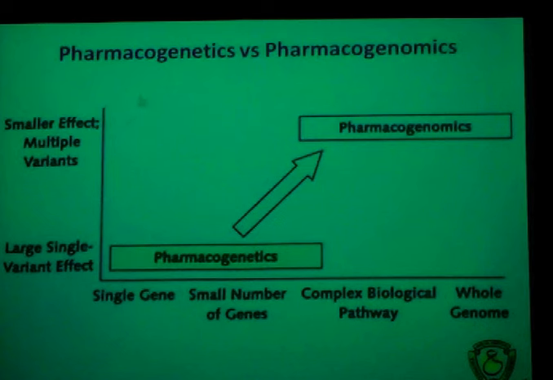So many genes or many variants cause one phenotype. This can be studied by pharmacogenomics. Single genes which have a dominant effect are studied in pharmacogenetics. On the x-axis, a single gene or small number of genes is pharmacogenetics. Complex biological pathways or whole genome, pharmacogenomics.